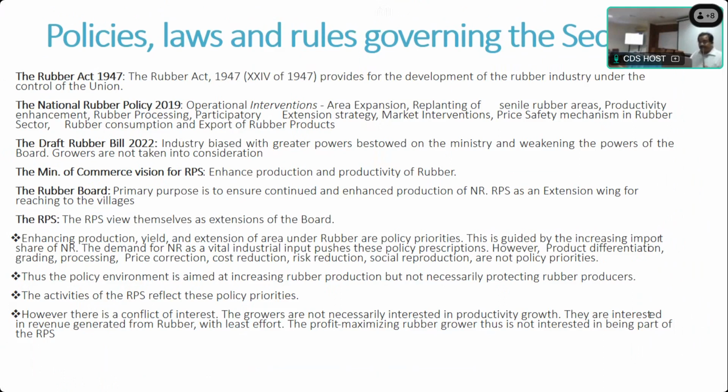However, product differentiation, grading, processing, price correction, cost reduction, risk reduction, and social reproduction are not policy priorities. You can see this kind of thing in the policy. Thus, the policy environment is aimed at increasing rubber production, but not necessarily protecting the rubber producers. The activities of the RPS also reflect these policy priorities. However, there is a conflict of interest.